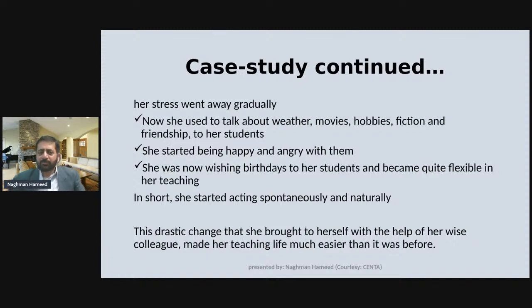My teacher trainer, who was conducting the course and who told us about this case study, told us the same different things that I discussed in the beginning, that the teacher started doing those unusual things and the results were great. Okay.